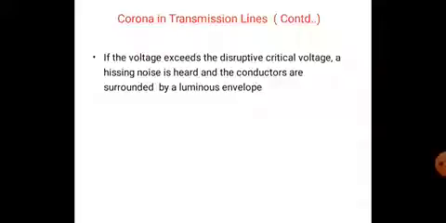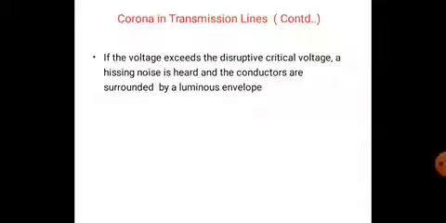At low voltage, there is no change in the condition of the air surrounding the conductors. But when the voltage is gradually increased and exceeds the disruptive voltage, a faint luminous glow of violet color appears around the conductor with a hissing noise.